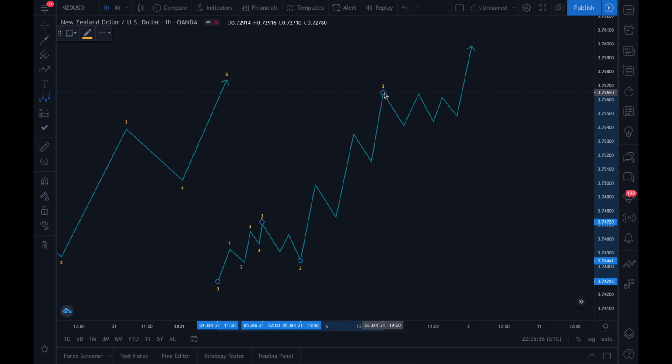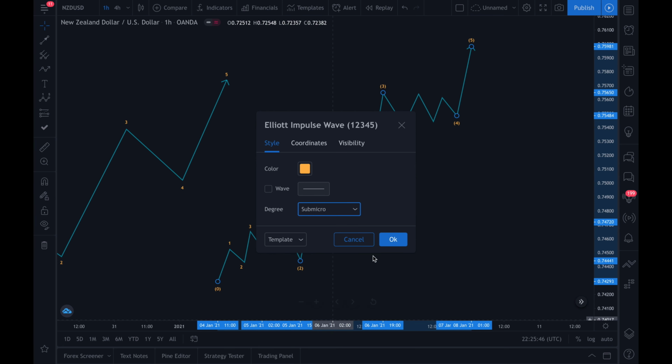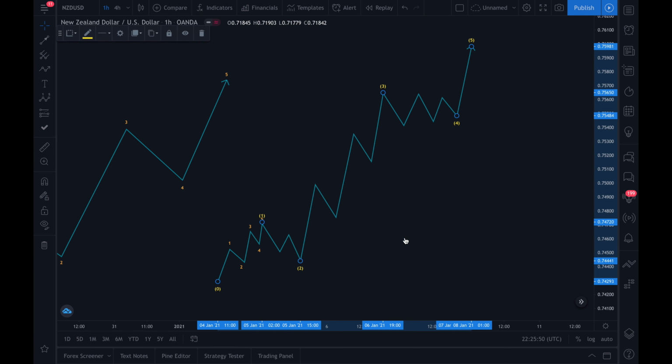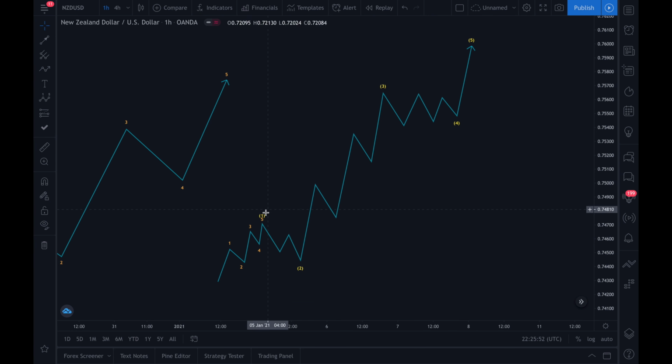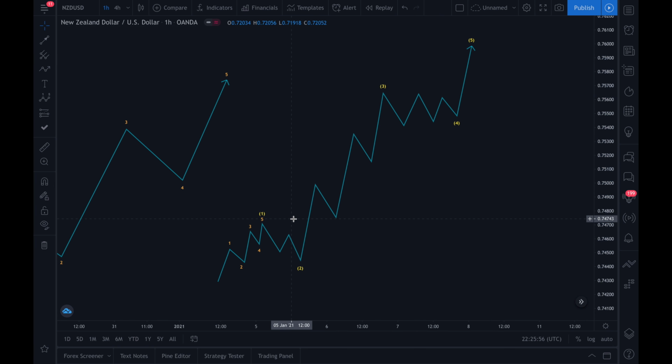So that's 5 waves done. And then wave 4 will be your contracting triangle. And then finally you finish off your motive wave. So let's make this a little bit higher scale. Let's change this to yellow. Now this may seem a little bit more complicated, but just stick with me here. So we've done wave 1, wave 2, wave 3, wave 4, wave 5.